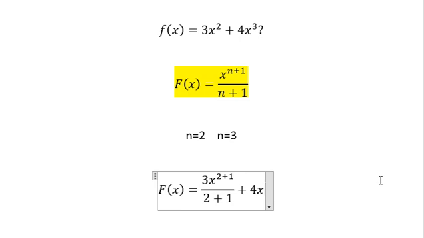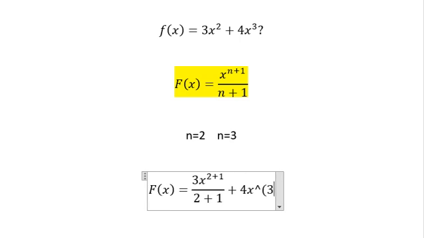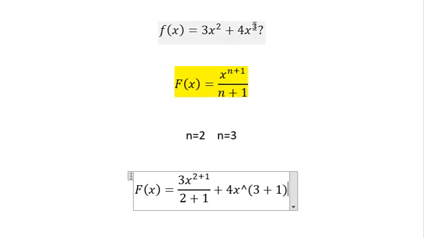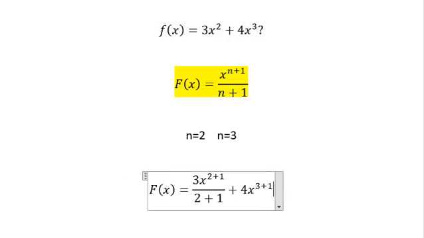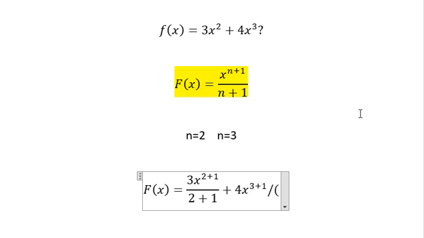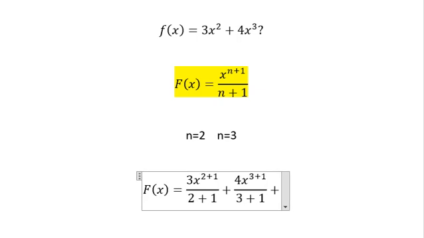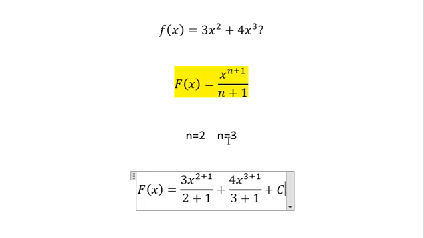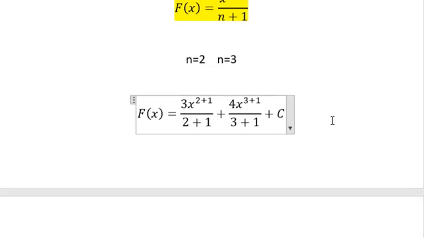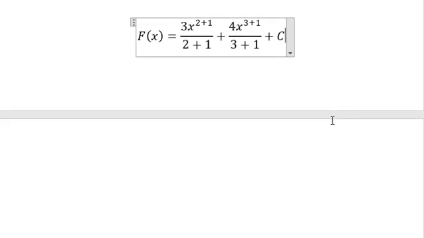It will be 4x to the power of 3 plus 1, divided by 3 plus 1, n plus 1. And of course, whenever we're taking an antiderivative, we need to add a constant c, because it represents the family of possible functions whose derivative will be 3x squared plus 4x to the cube.